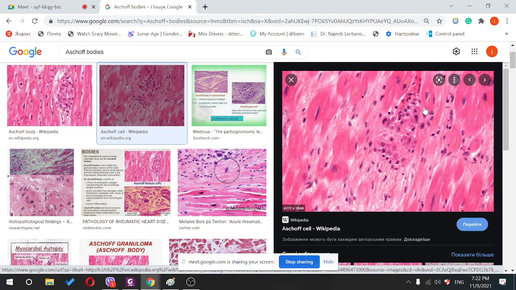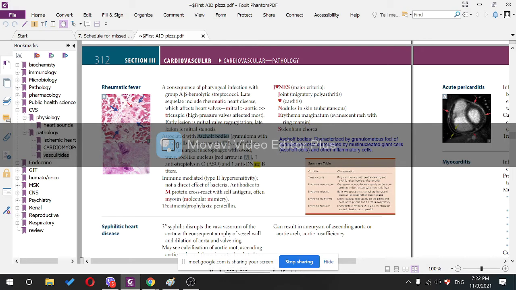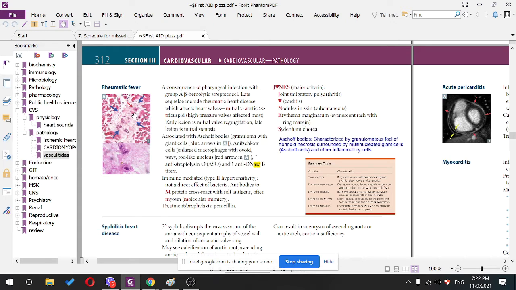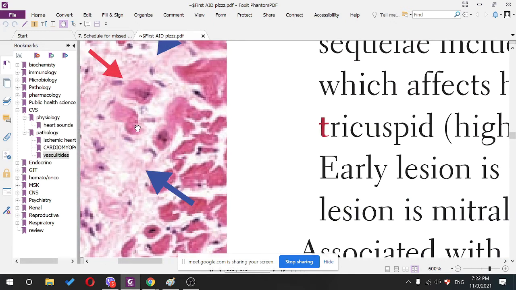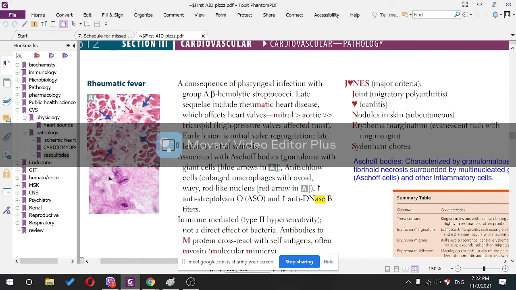So this is the Aschoff spots. So what are these Anitschkow cells? Well, it goes something like this. The Aschoff bodies are granuloma with giant cells. We already saw that. There is something called Anitschkow cells, which is like if you look inside of the Aschoff body, you are going to see minor bodies inside of it. These will be like enlarged macrophages.